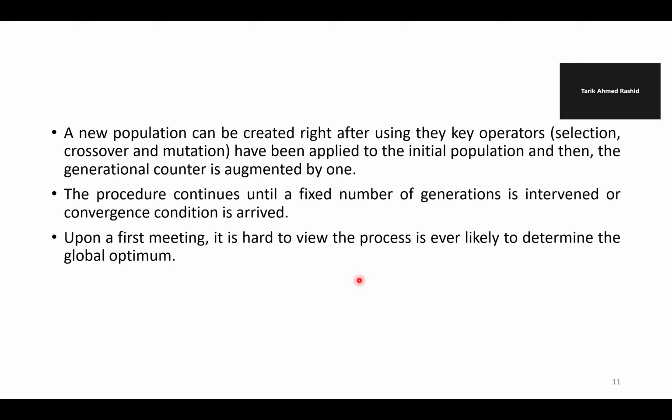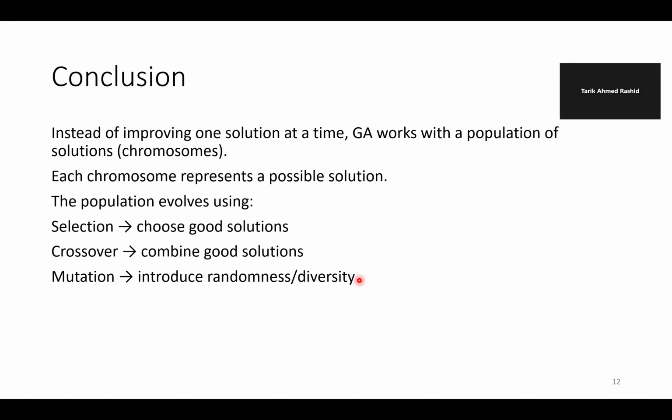When you first start initialization, it can be hard to see whether you will get the global optimum, but iteration after iteration, the convergence hopefully will arrive. Conclusion: instead of improving one solution at a time, genetic algorithm works with a population of solutions, a population of chromosomes.